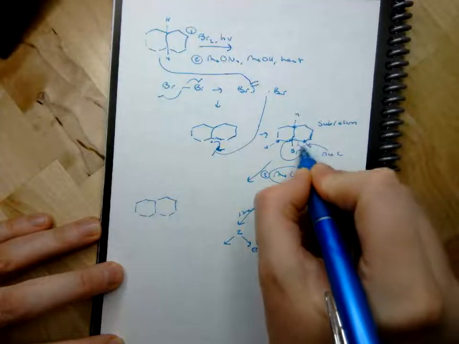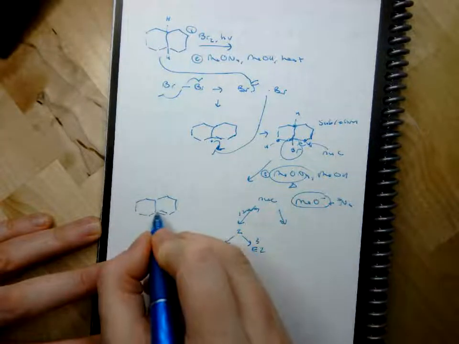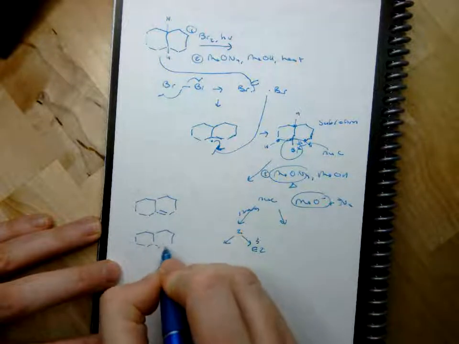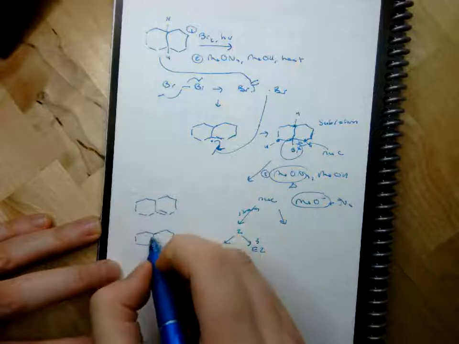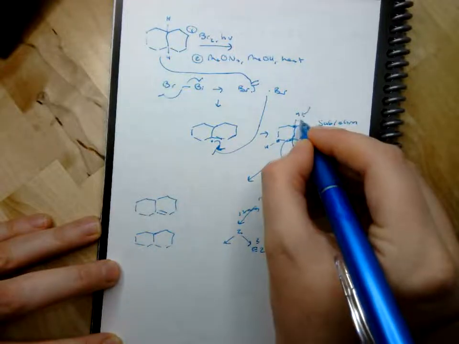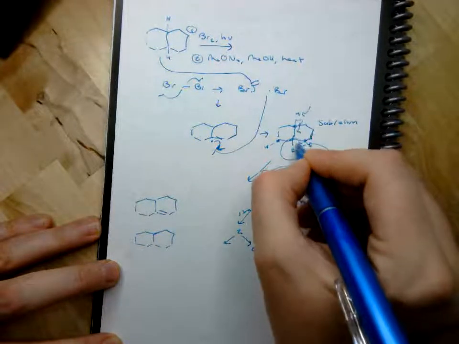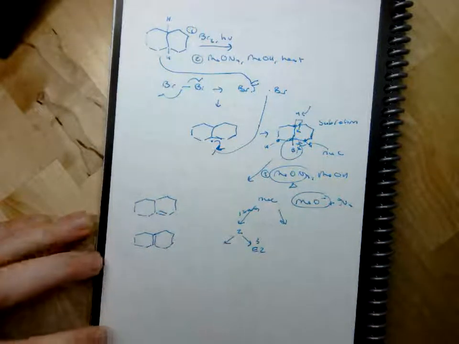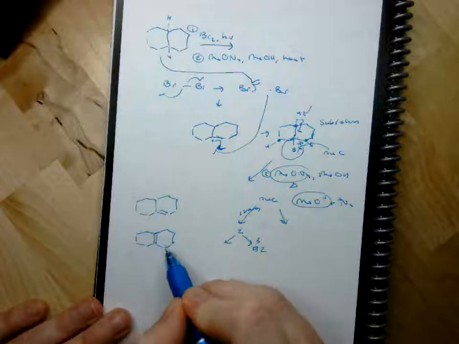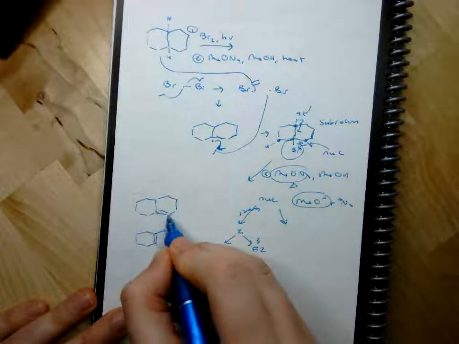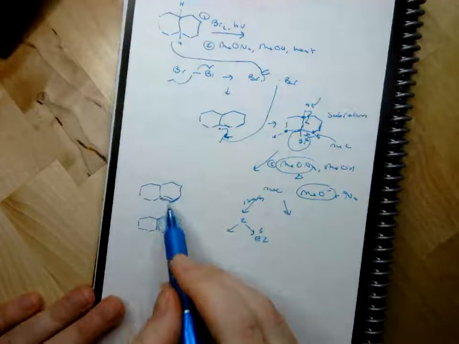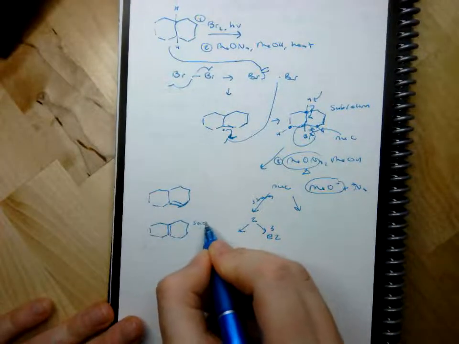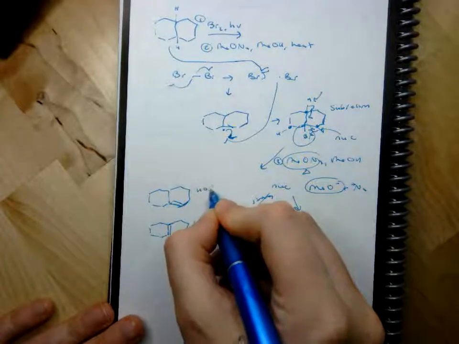If it was here, the double bond would fill in right there, and if it's here, it fills in there. This one seems to be the more substituted, so that seems to be the more stable. This one over here is only trisubstituted, so this one would be Zaitsev, and this would be Hofmann.